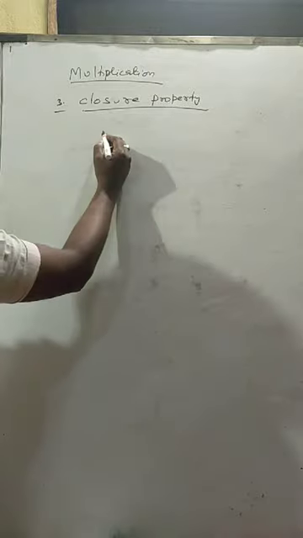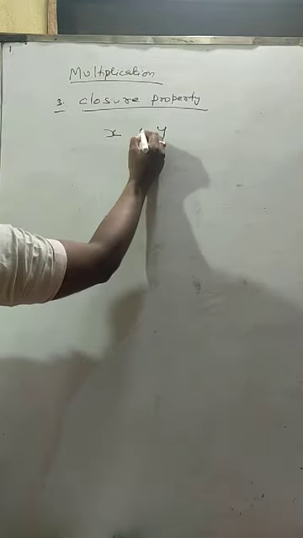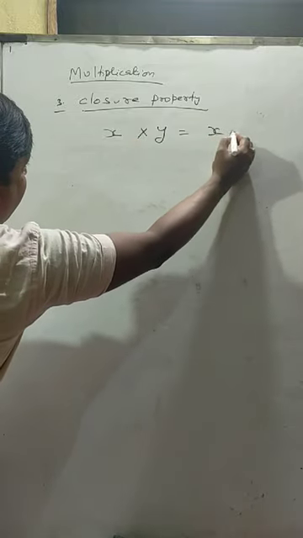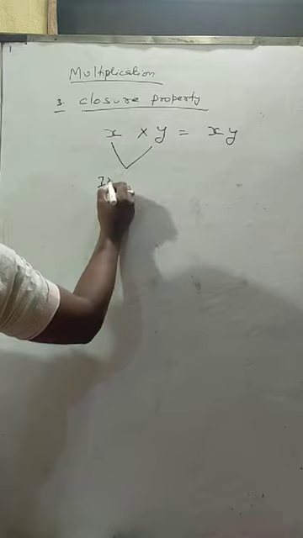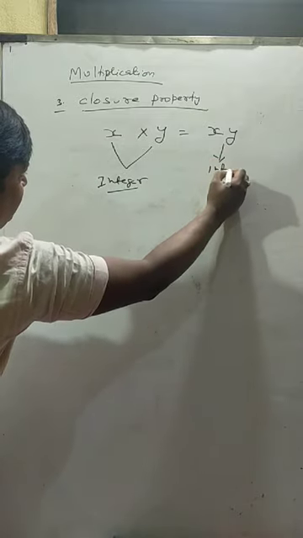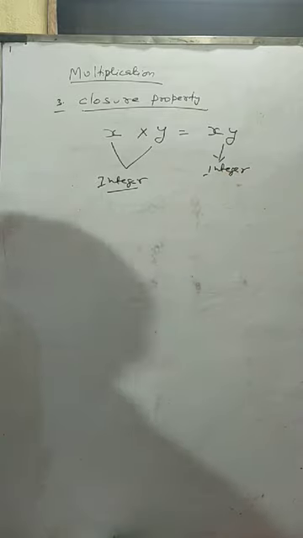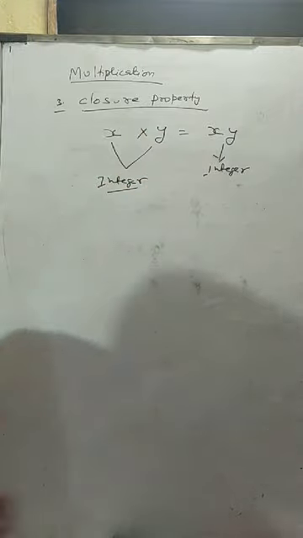Suppose one integer is x and another integer is y. If you multiply, the result is also an integer. These x and y are integers, and their product is also an integer. So keep it in your mind, if you multiply an integer with another integer, the result comes out as an integer.